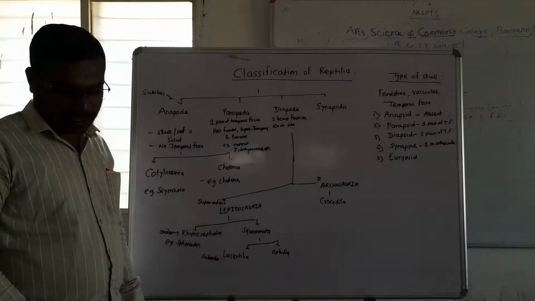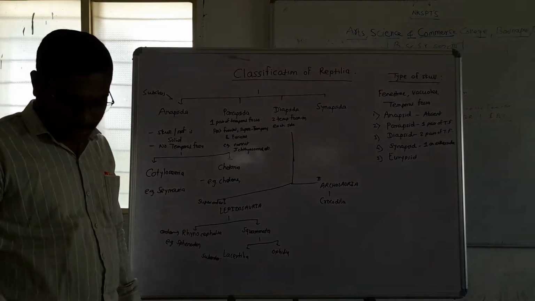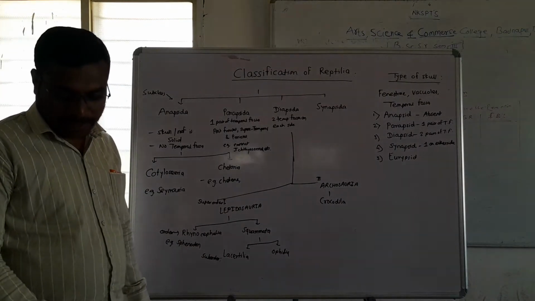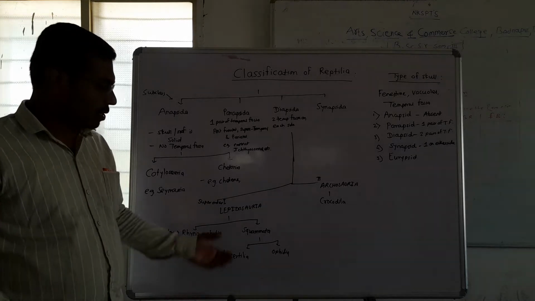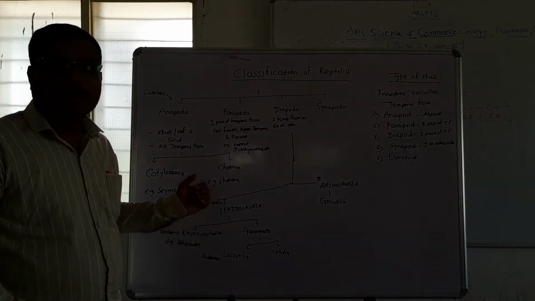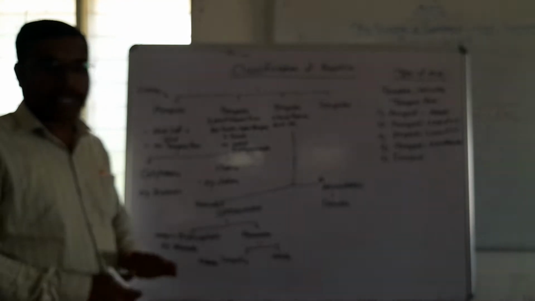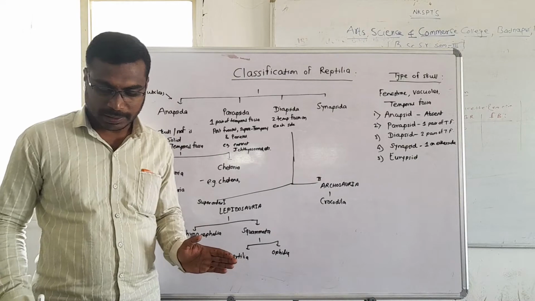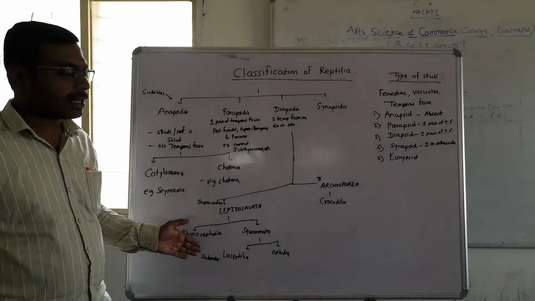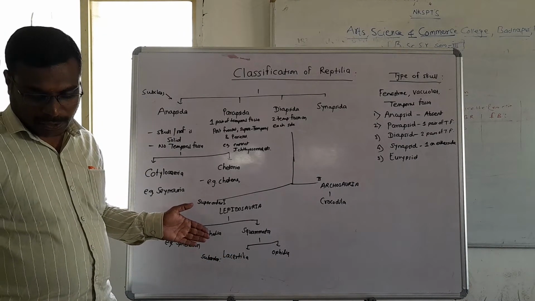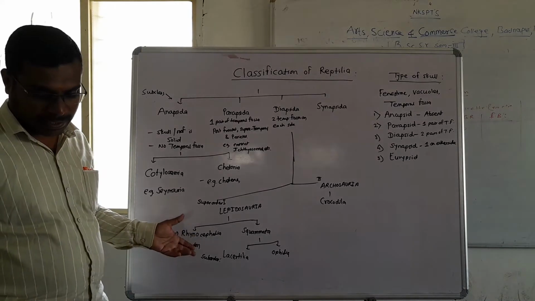Then we will see suborder Lacertilia. These are terrestrial, arboreal or burrowing reptiles. They have a single temporal vacuity. Limbs are pentadactyl and usually present.